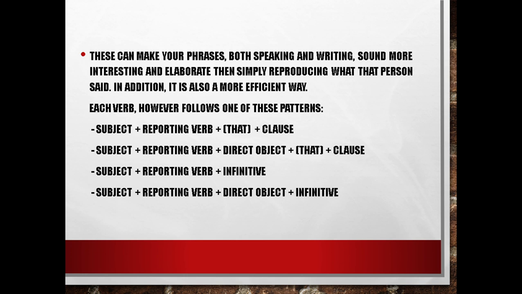This can make your phrases, speaking or writing, sound more interesting. Using these patterns, you could be more interesting and not only say exactly the same sentence that the other person said. You can use a different report speech to be more fancy, if you want to see it this way.